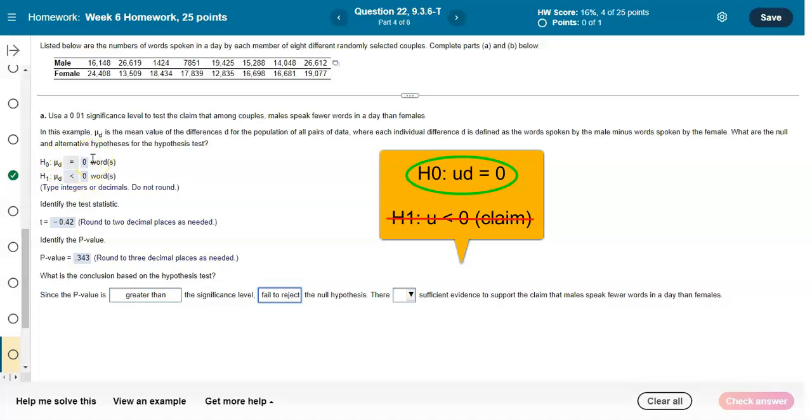I have no evidence to reject that statement. So as far as I'm concerned, it might be true that the differences between the men and the women are zero, nothing. There is no difference. Well, if we can't reject that, then we haven't shown any support for our other statement, which was that the males speak fewer words. So in this case, there is not sufficient evidence to support the claim that males speak fewer words in a day than females.